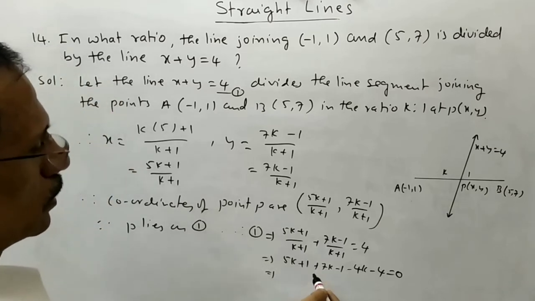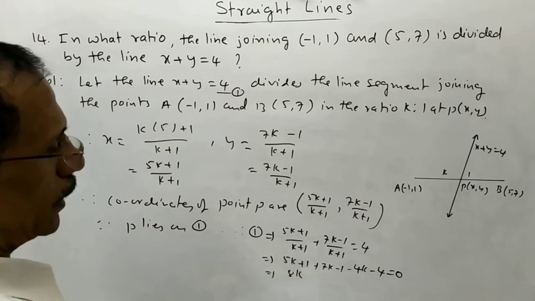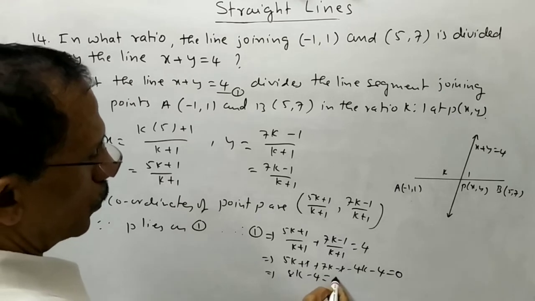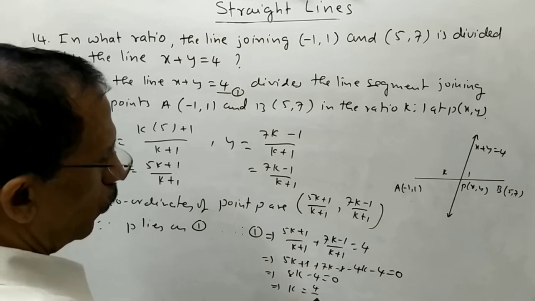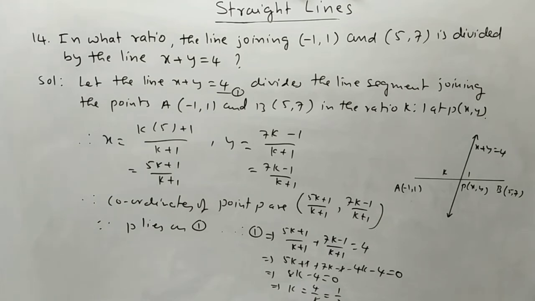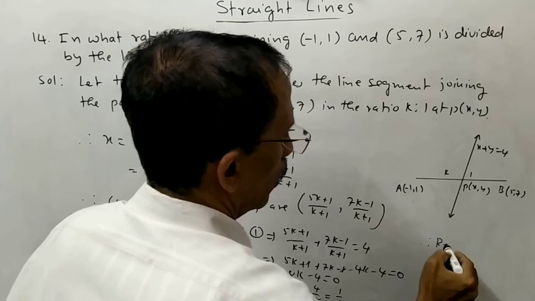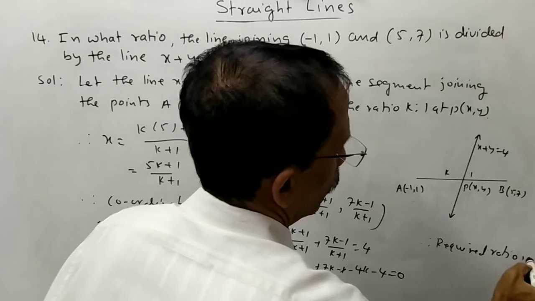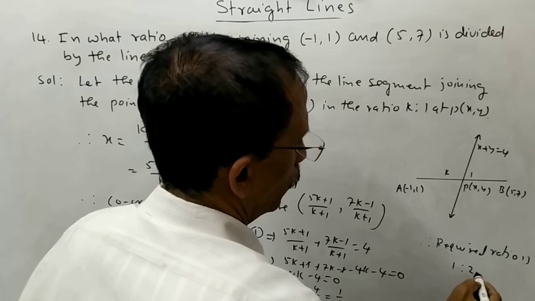This implies 12k minus 4k, 8k minus 4 is equal to 0. This implies k is equal to 4 by 8 is equal to 1 by 2. Therefore, required ratio is 1:2.